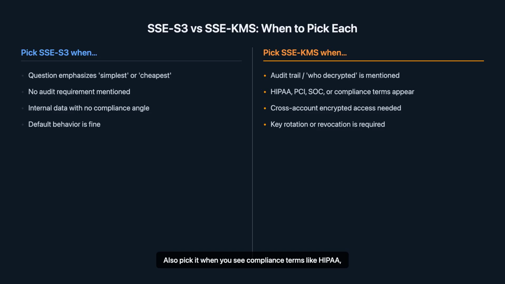Also pick it when you see compliance terms like HIPAA, PCI, or SOC. Cross-account encrypted access needs KMS because you need a key policy to grant the other account decrypt permission. And anything about key rotation or revoking access also lands on KMS. The trap answer is always the cheaper one when the requirement actually demands audit.